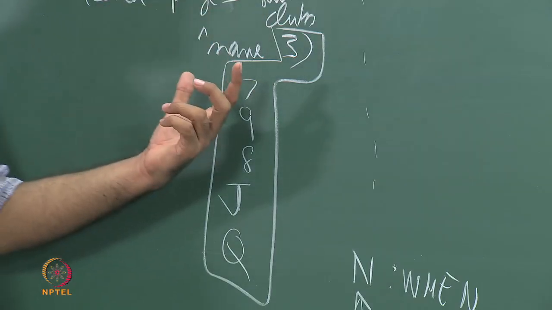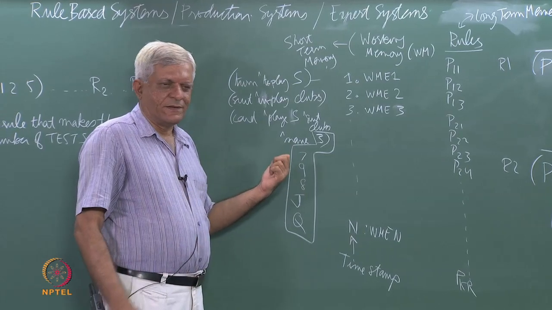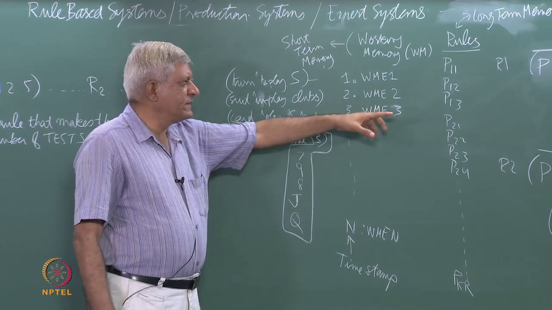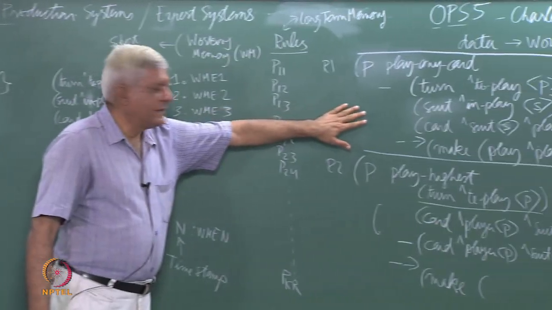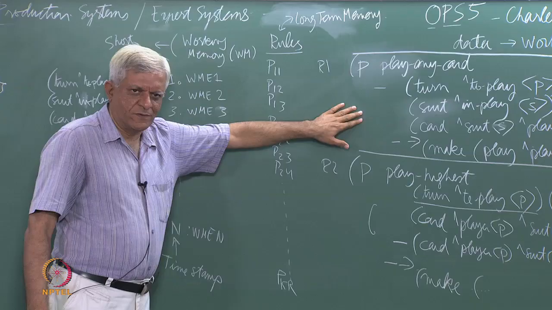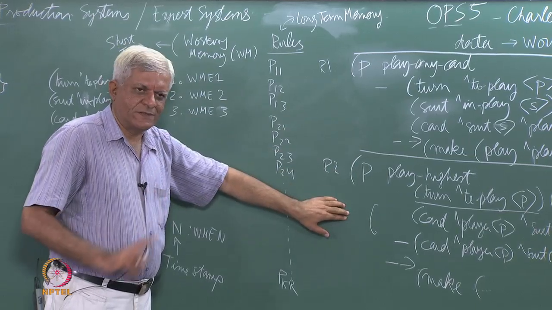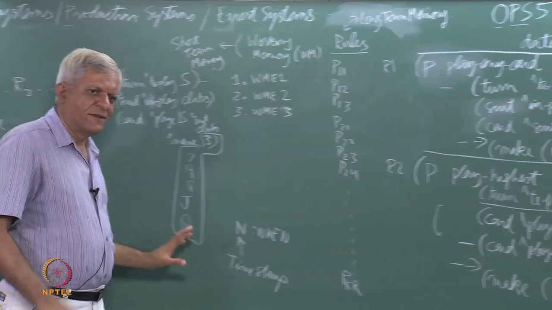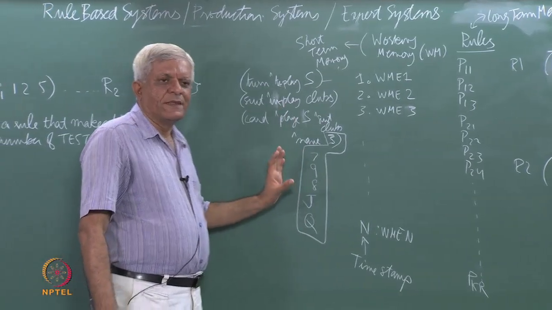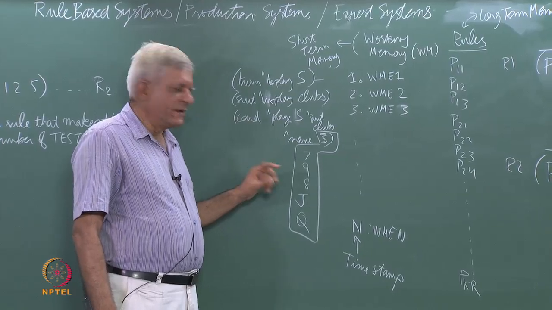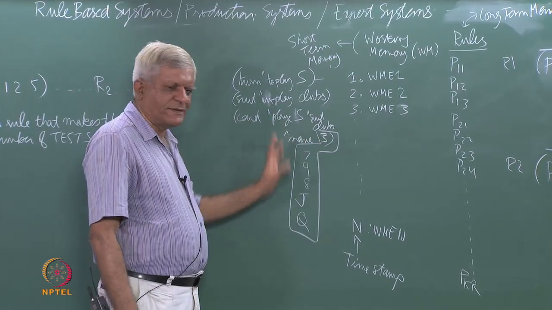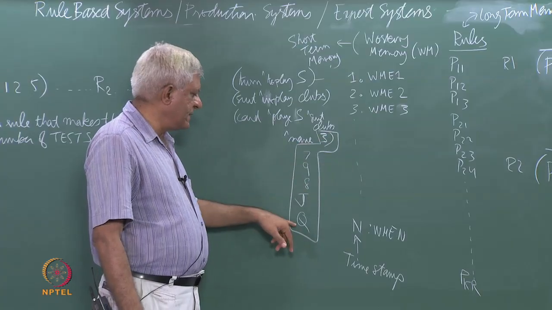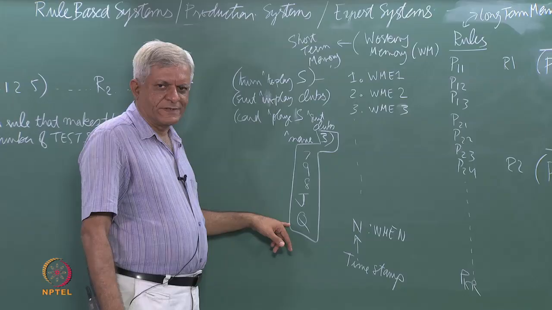Both rules are matching, 6 instances of this rule will match and 1 instance of this rule will match. So, there are 7 rules which are trying to tell me which card to play essentially. So, 6 rules are saying any of these cards, and the 7th rule is specifically saying this card queen, which is of highest rank.